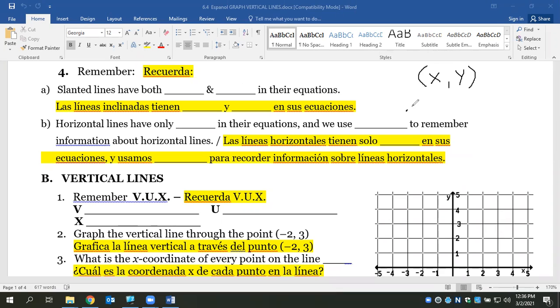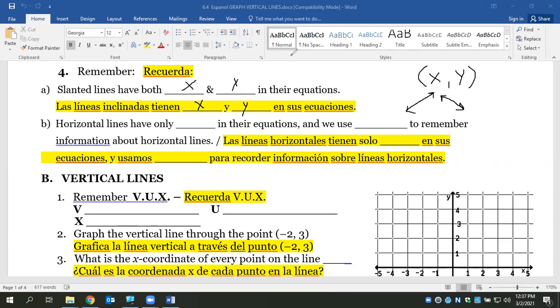So a slanted line is going to have an x and a y, a positive slant or a negative slant. They're both going to have x and y. If you're doing it in Spanish, X, E, E.